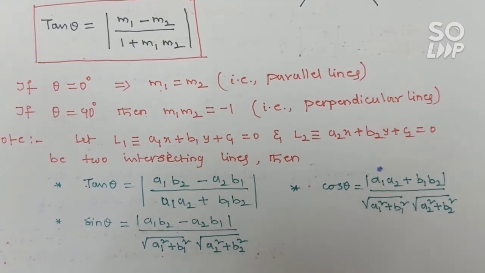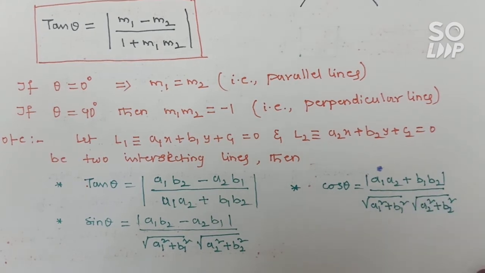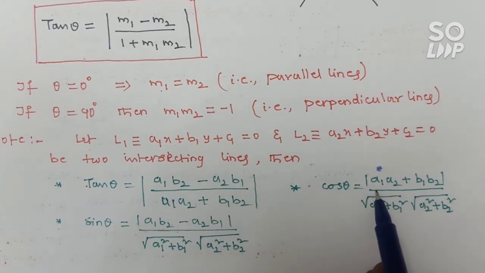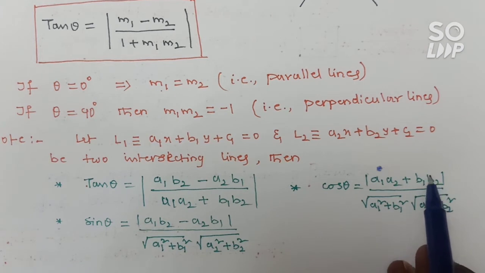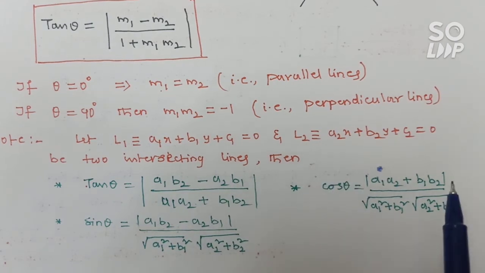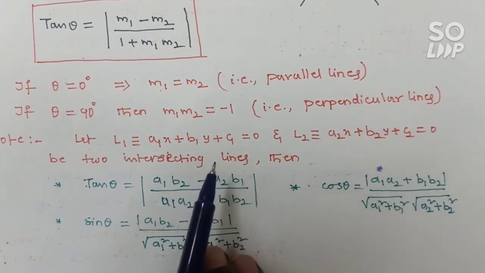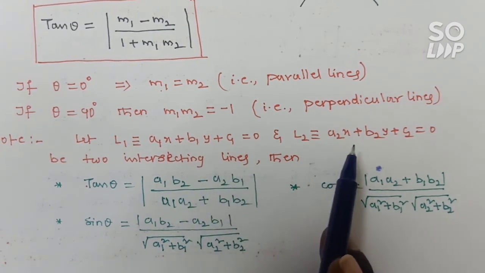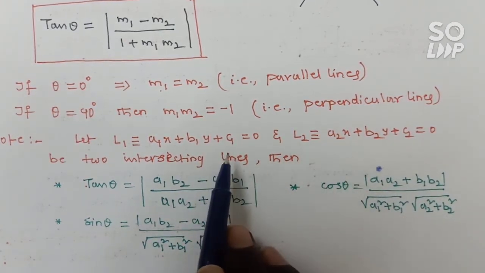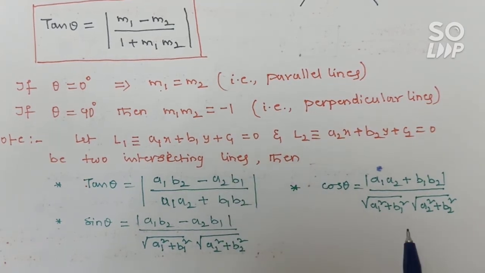So from the cos theta value, if a1 a2 plus b1 b2 is a positive value, then what type of angle will be between these two lines? Is it an acute angle, an obtuse angle, or a right angle? If a1 a2 plus b1 b2 is positive, the angle between these two lines will be acute. If it is negative, the angle between these two lines will be obtuse. If this is equal to 0, then these two lines are mutually perpendicular.